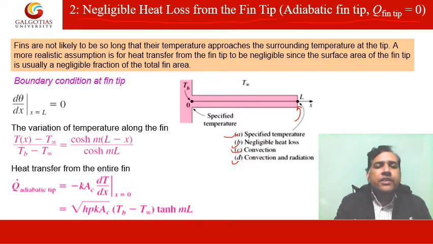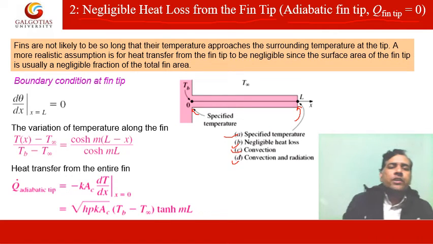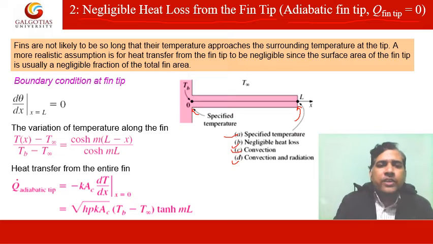At the base the temperature is predefined, and that boundary condition at the base will remain the same in all the cases. Fins are not likely to be so long that their temperature approaches the surrounding temperature at the tip.